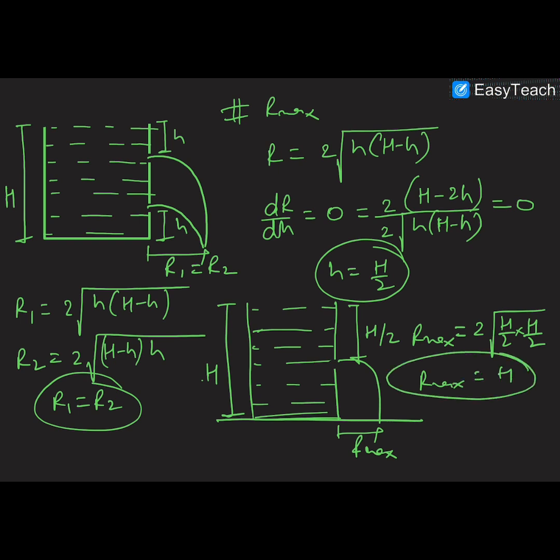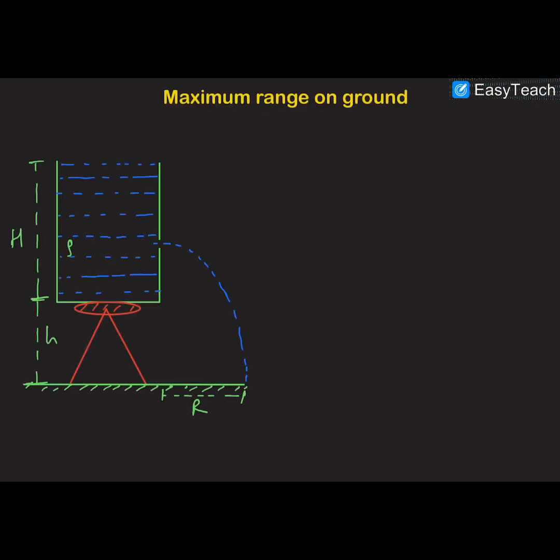So this is the value, but if we discuss the case where this container is kept on a stool, on a table which is at some height from the ground, let's suppose this height is capital H also and the hole is at this point. First of all, if we find out the range, then the range will be equal to 2 under root of h, which is this height, and the height from the ground, which is this one.